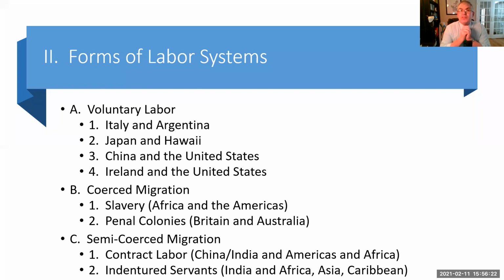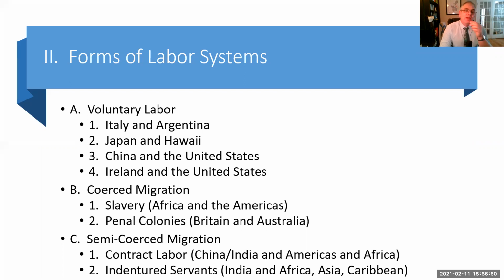Some of this movement is going to be voluntary. These are migrants who decide to pick up and go to another country. For example, Italians are going to voluntarily go to Argentina. Not all Italians, of course, but some are going to end up going to Argentina to work in factory jobs. There are going to be Japanese citizens who voluntarily go to Hawaii to work on sugar plantations.